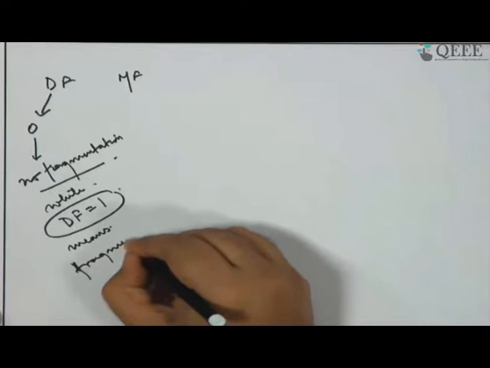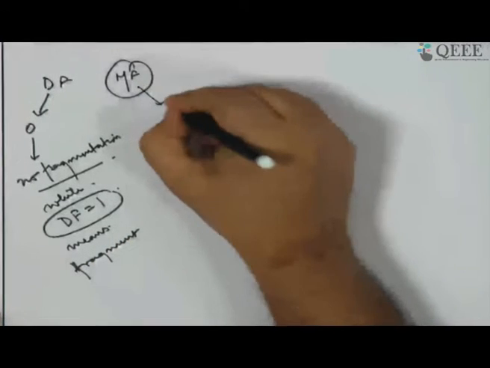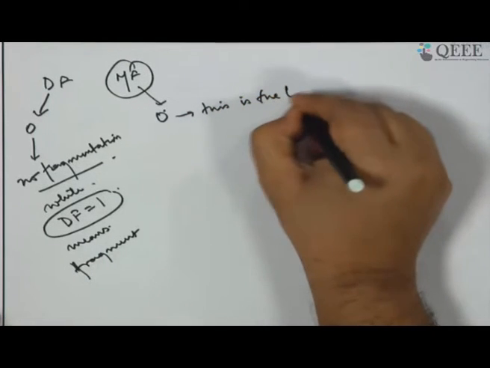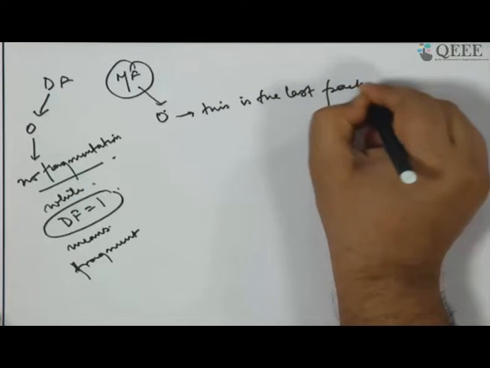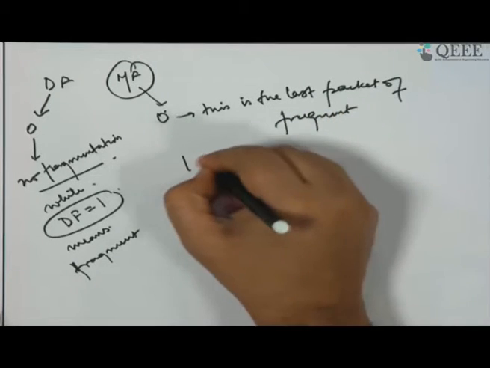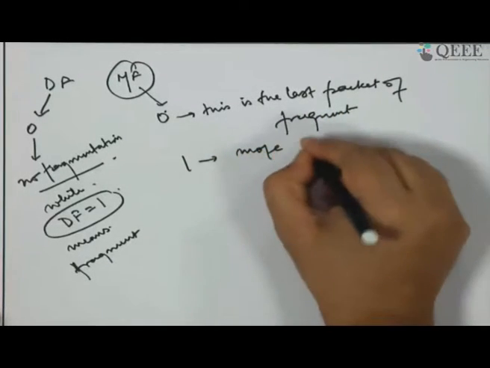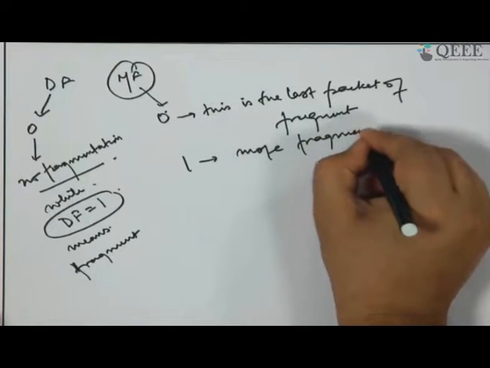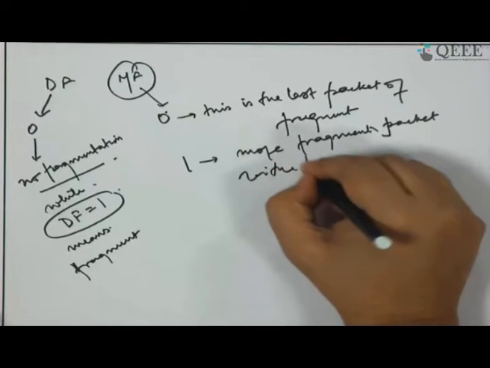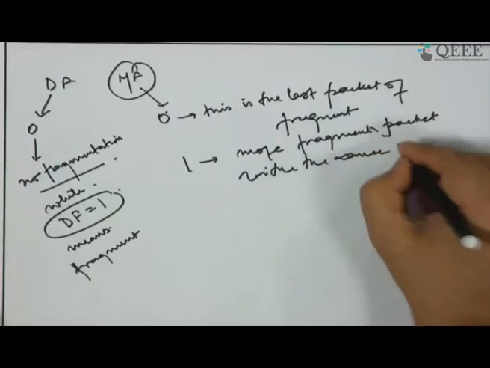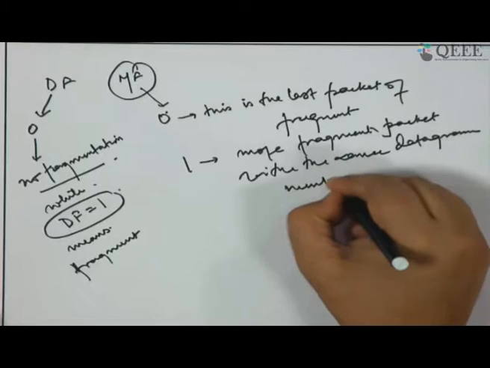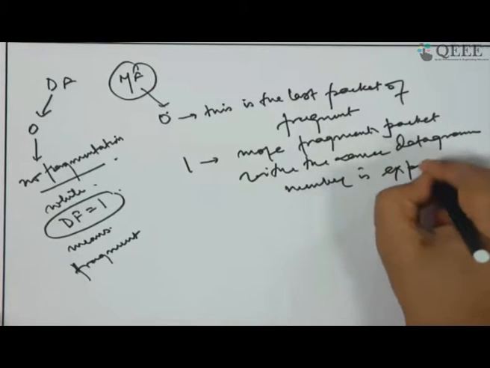And MF equal to 0 means this is the last packet of fragmentation, while MF equal to 1 means more fragmented packets with the same datagram number are expected.